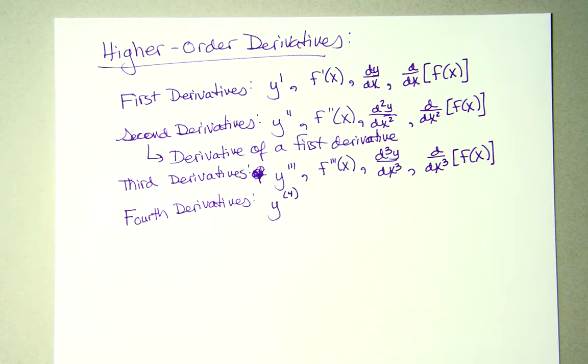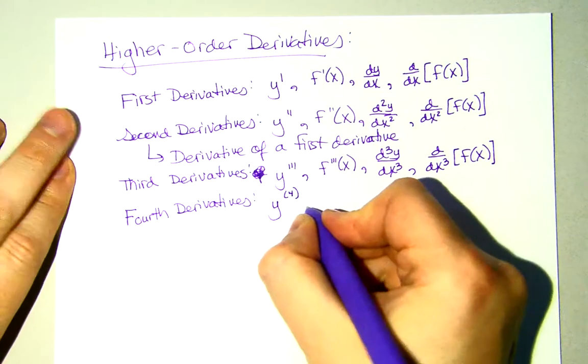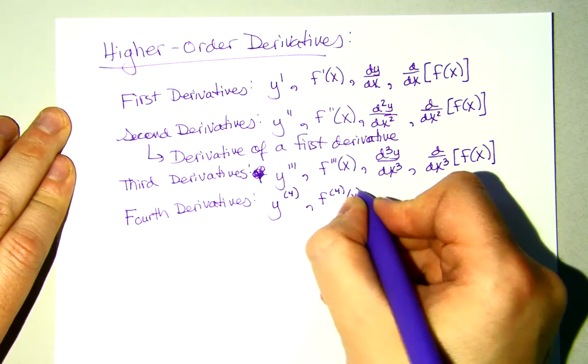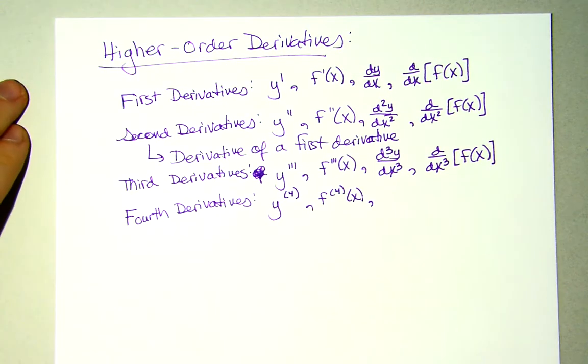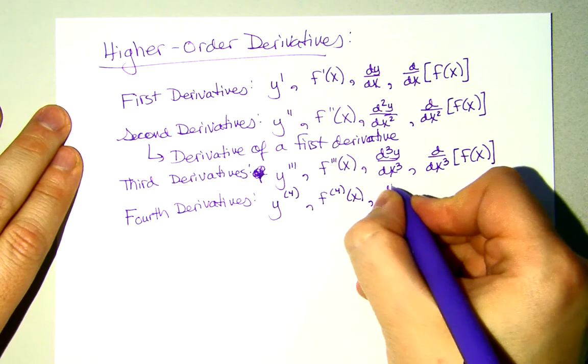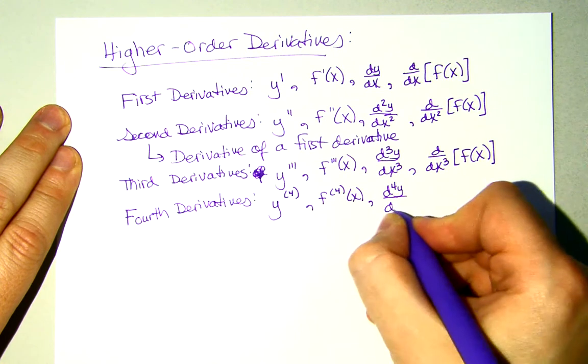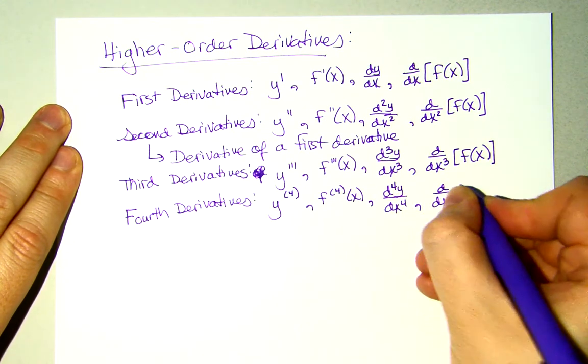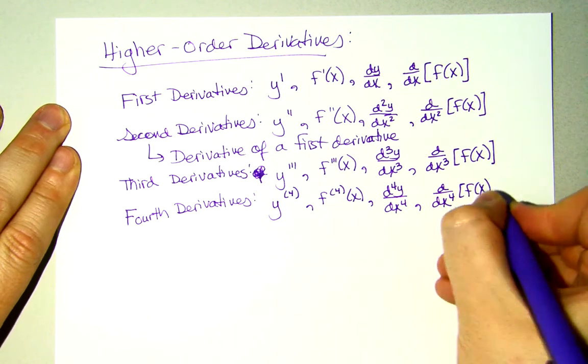It means the fourth derivative. Similarly, f with a little 4 in parentheses does have to be in parentheses to show it's a derivative rather than a power. Everything else is the same though. d^4 y dx^4, d dx to the fourth of f of x.